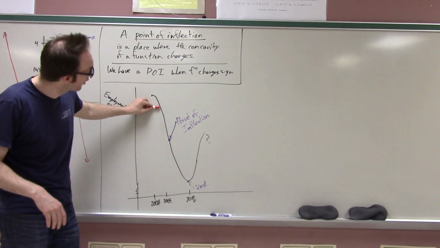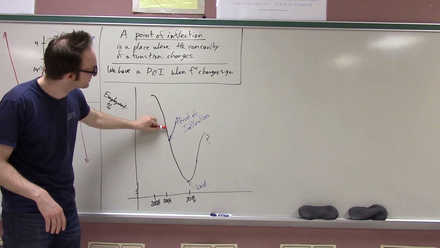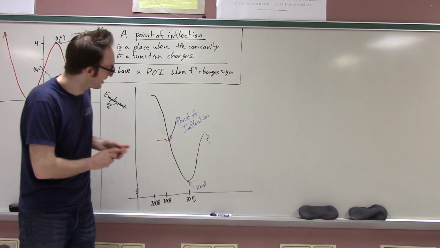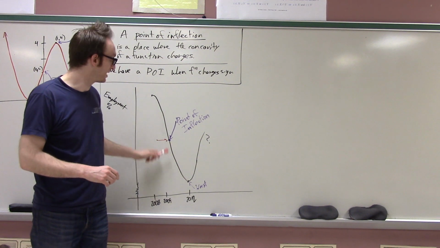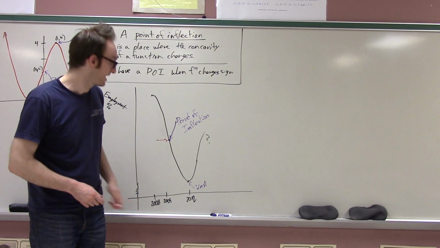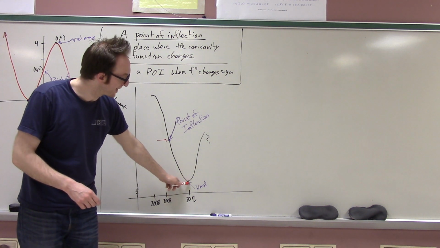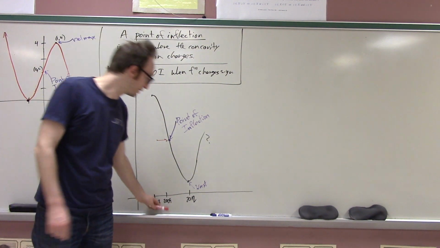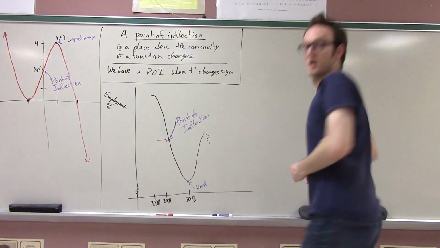We were losing more and more jobs per month at a faster and faster rate. And then suddenly, there was this point where we were still losing jobs every month, but the rate at which we were losing jobs started going down. And then eventually, the rate at which we're losing jobs is 0, and we start actually gaining jobs. Okay, so that's the point of inflection.